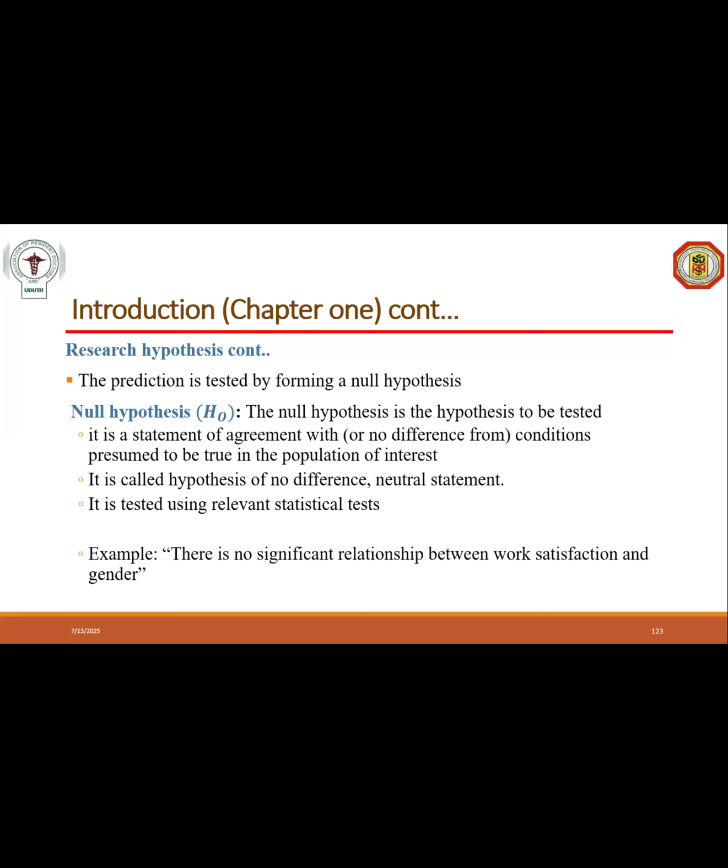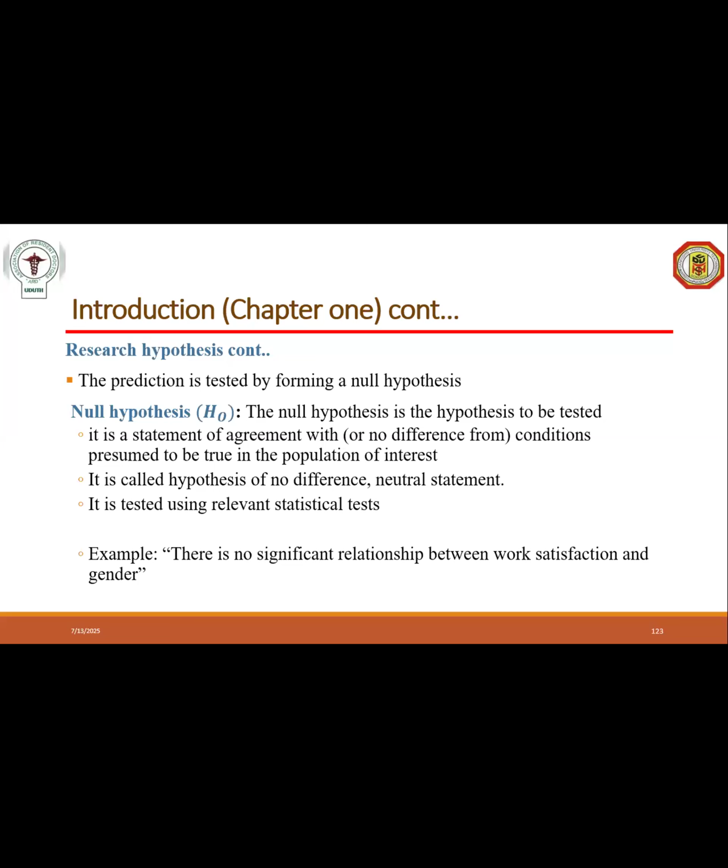So if you want to state the null hypothesis for our objective, how do you state it? You can say socio-demographic factors are not associated with knowledge or with the practice of tuberculosis infection prevention and control practice.